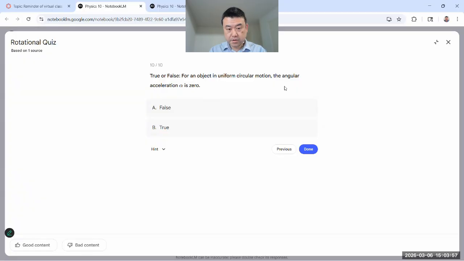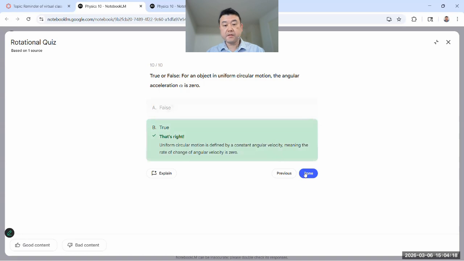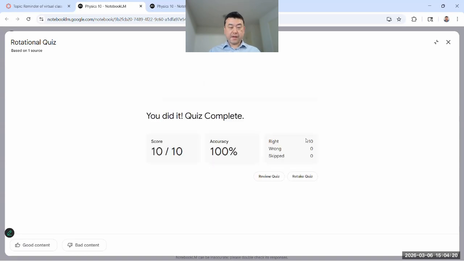The acceleration is non-zero because you have centripetal acceleration, but they're asking us for angular acceleration. That is only non-zero when the circular motion is either speeding up or slowing down. Neither is happening, so this is actually true. The angular acceleration is 0. 10 out of 10, 100%.